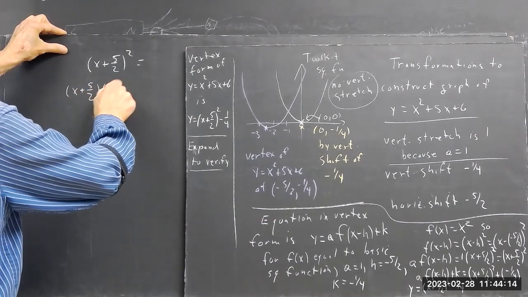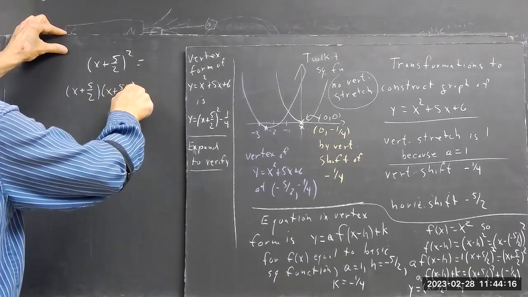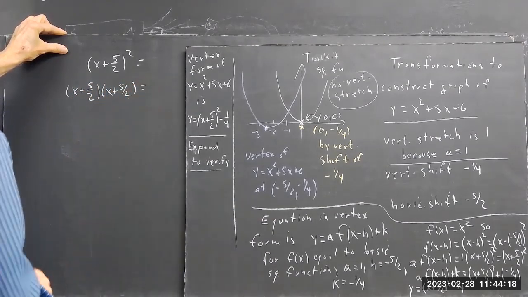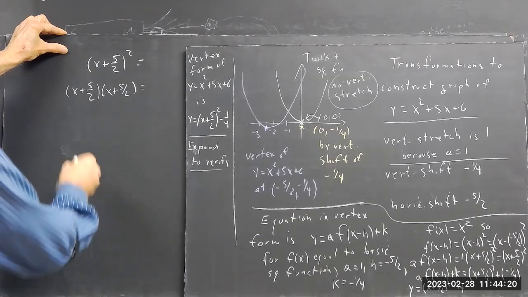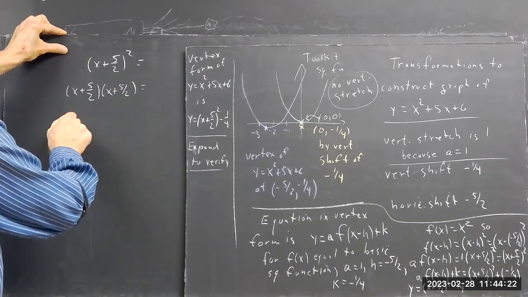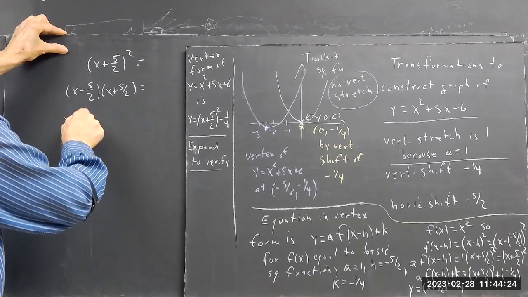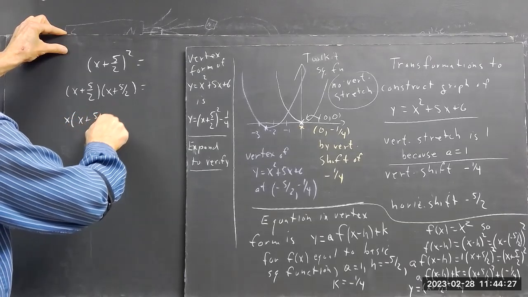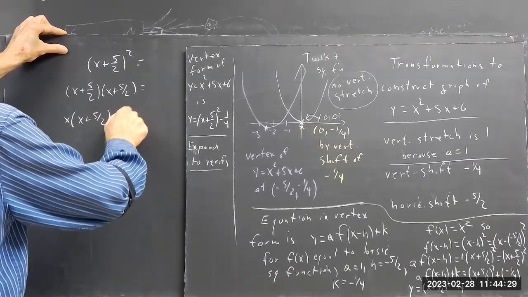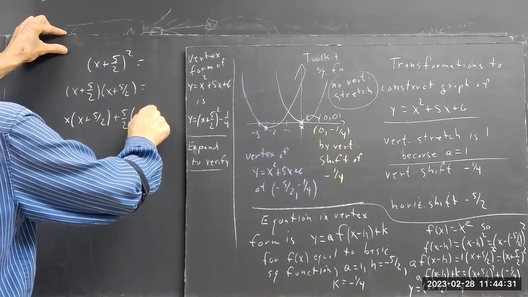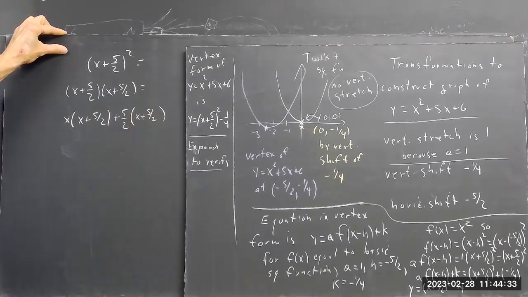Okay, this is x plus 5/2 times x plus 5/2. And x plus 5/2 times x plus 5/2 is x times x plus 5/2 plus 5/2 times x plus 5/2.